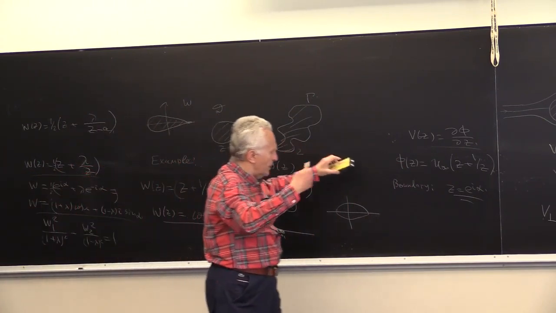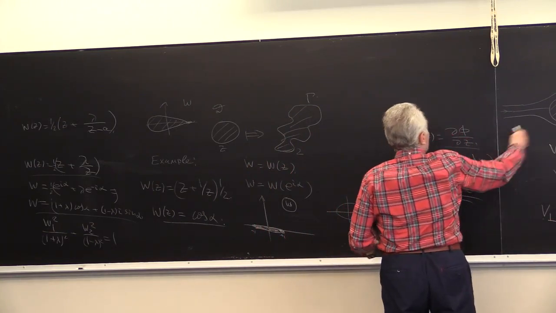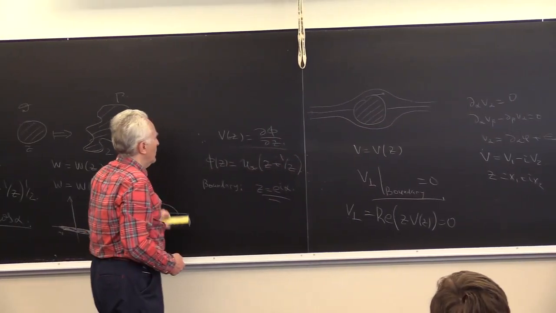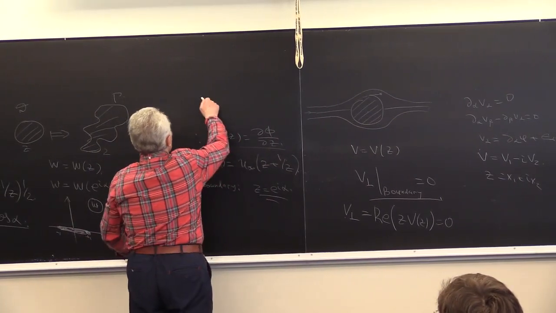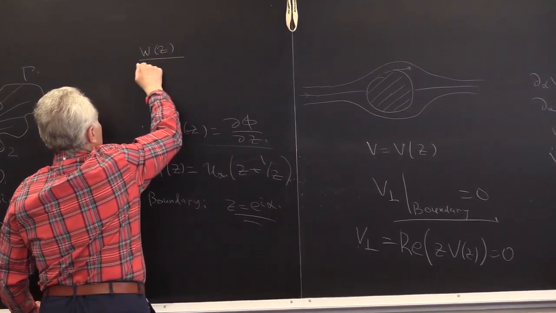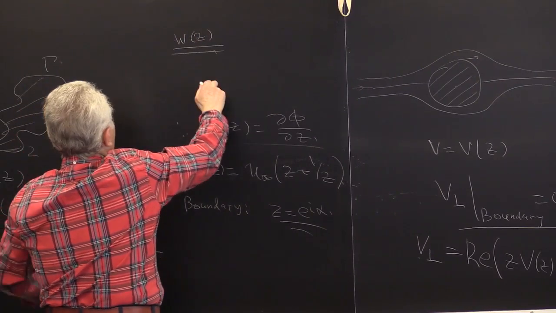Now, to finish the logic, I forgot to finish the logic, how it is related to the solution of this equation. Very simply, you have this map, W of z. It maps the disk onto the region gamma.